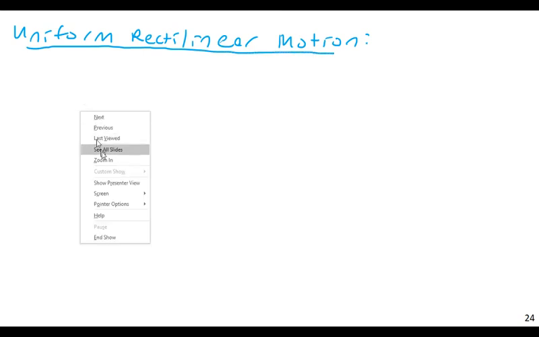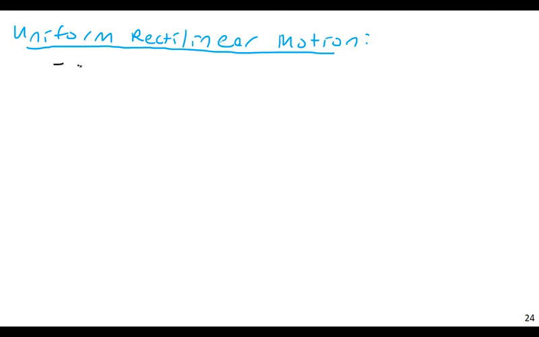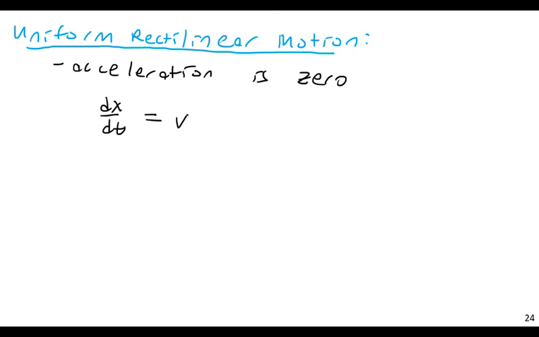This is where the acceleration is 0. I just want to briefly mention what it is. And so, because of that, dx over dt equals v is constant. It has to be, because it's not experiencing any kind of acceleration.